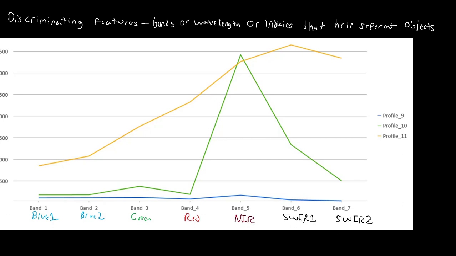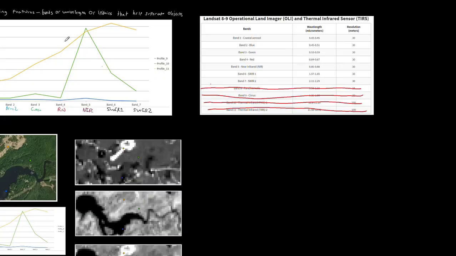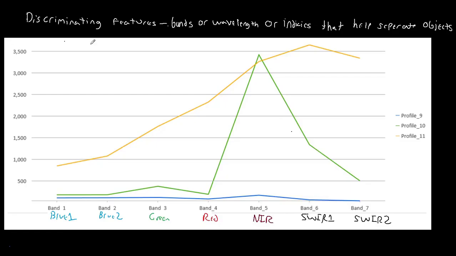So how do we use these spectral profiles to find these discriminating features? What you're going to want to do is look at the differences in the distances between the lines at a given band.